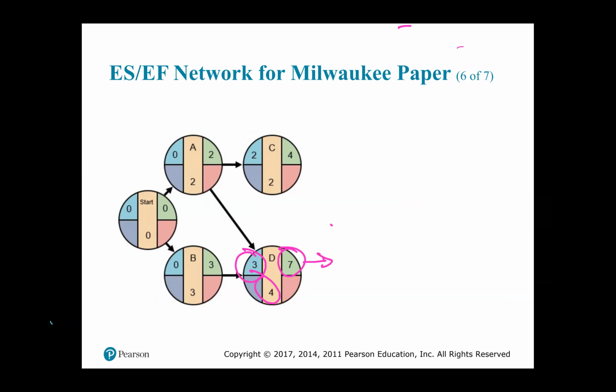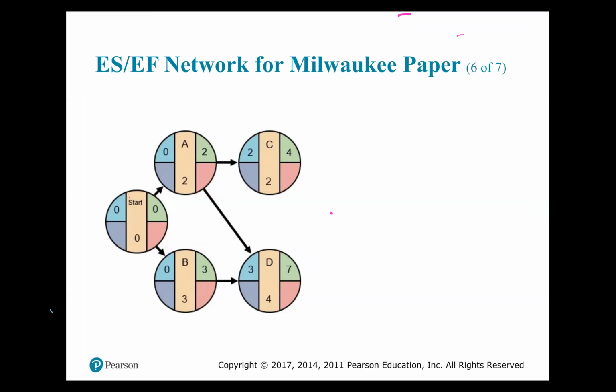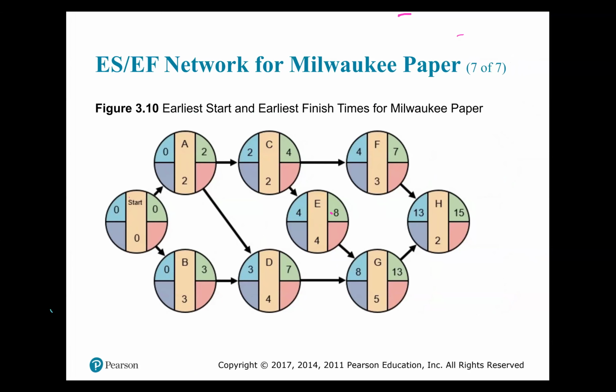So again, let me repeat that. When we took the early start of 3 for activity D plus the duration of 4 and added them together, we got 7. So the early finish for activity D would be in the 7th week. And so we continue our march through the network.